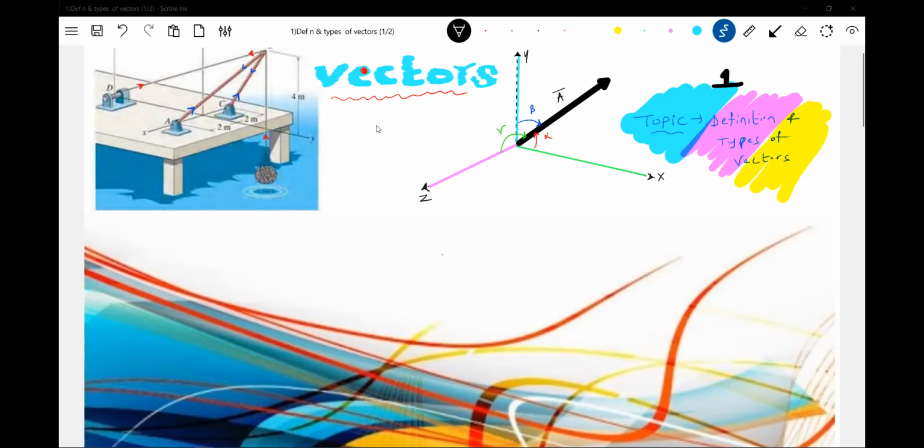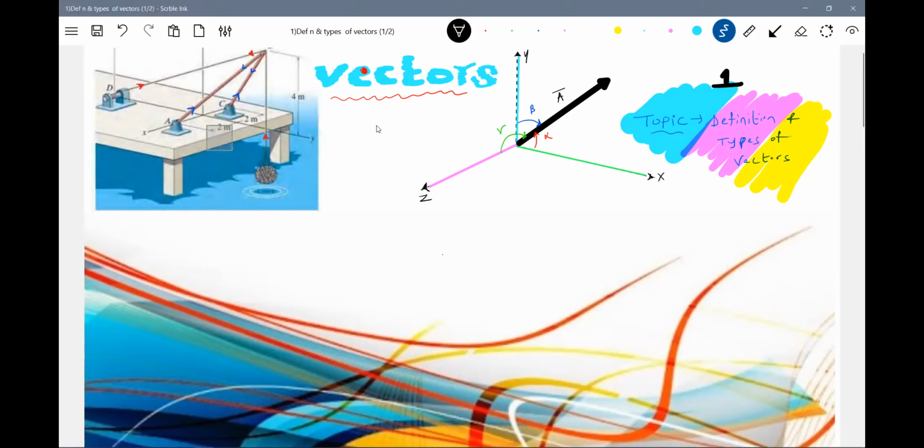I have brought, on the left hand side, you can see the diagram. I could have directly started writing the expression, but this diagram is something you should try to look at.